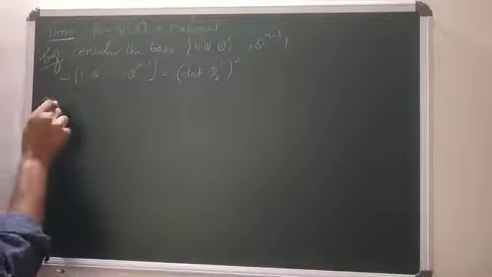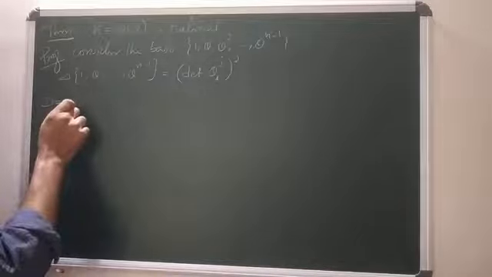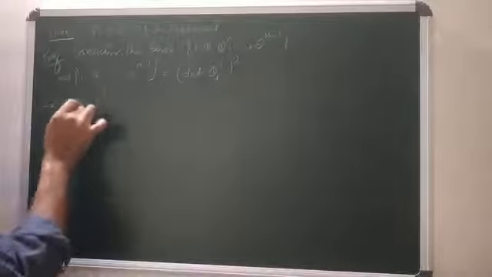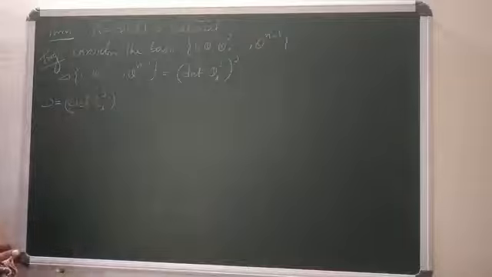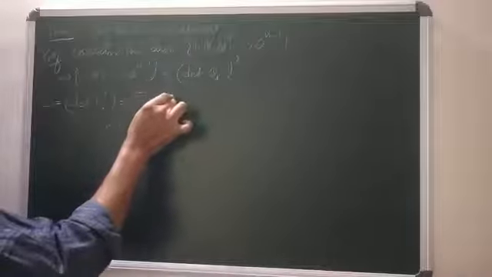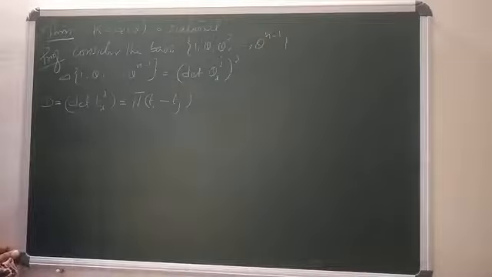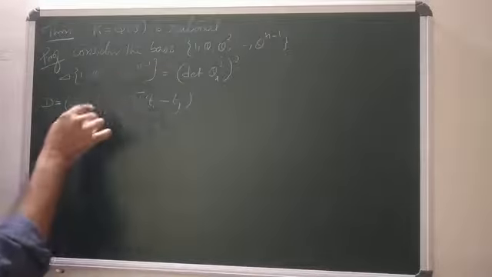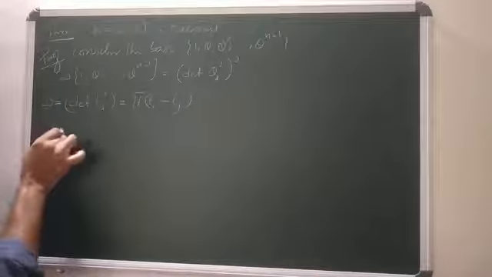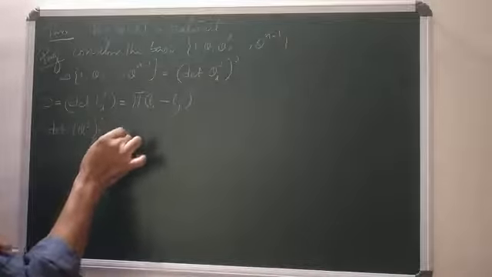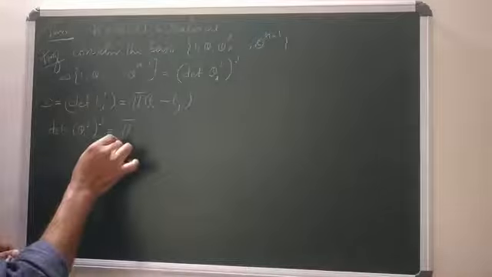According to the Vandermonde determinant, D is defined as the determinant of t_i power j and its value is the product of (t_i minus t_j), where i and j range from 1 to n. So according to this definition, the determinant of (theta_i power j) whole squared is nothing but the product over i differing from j.